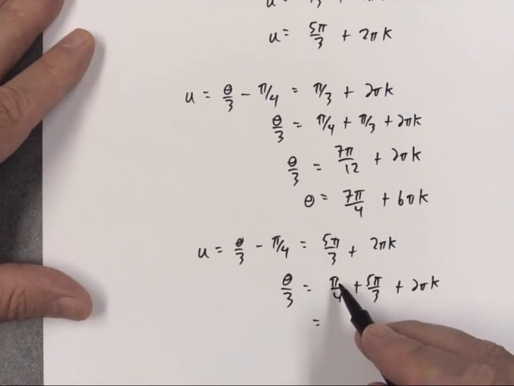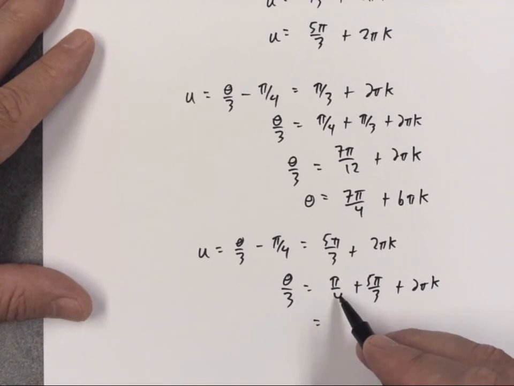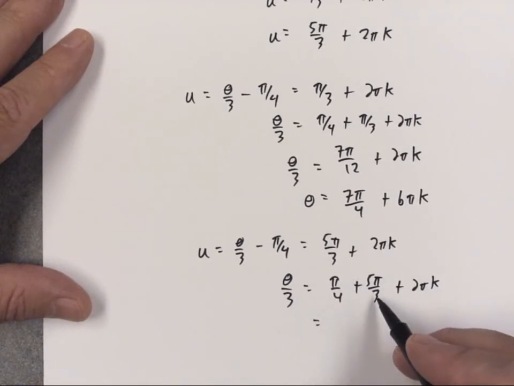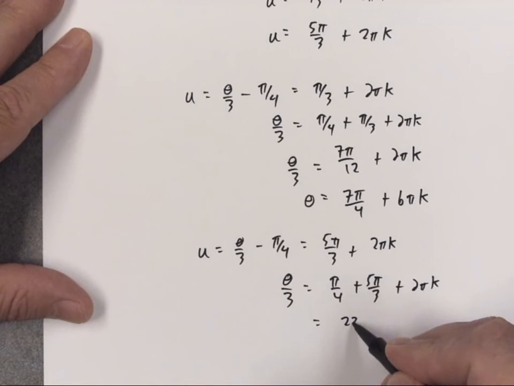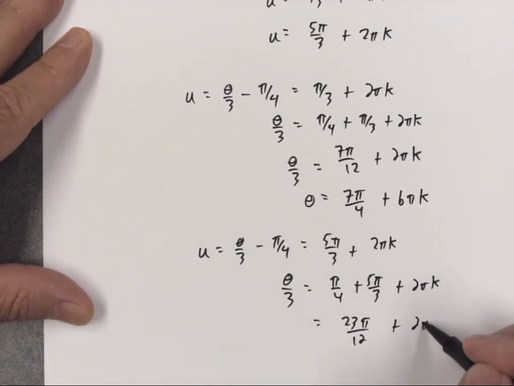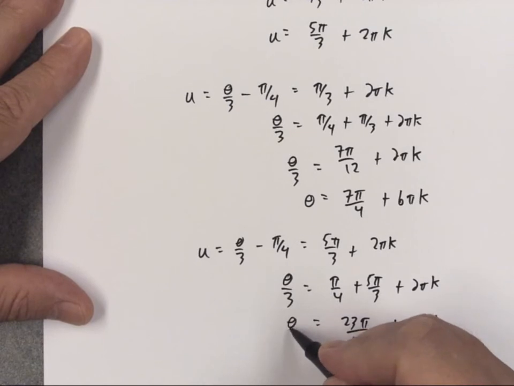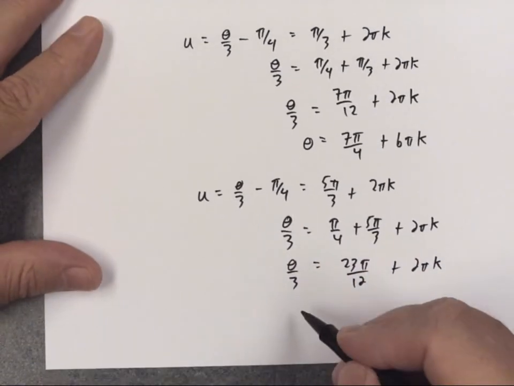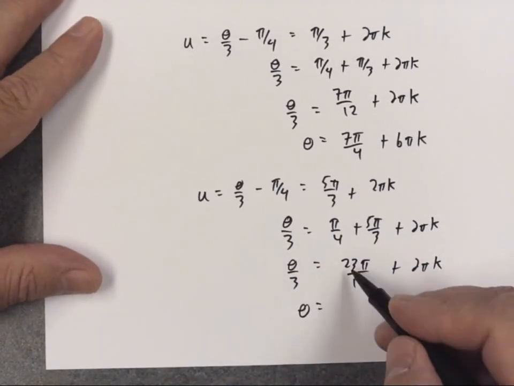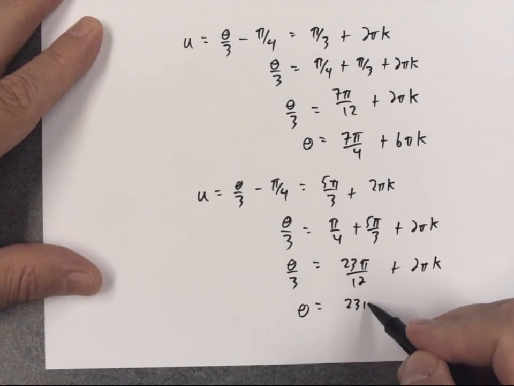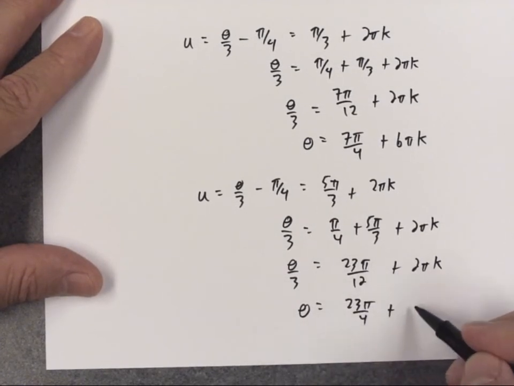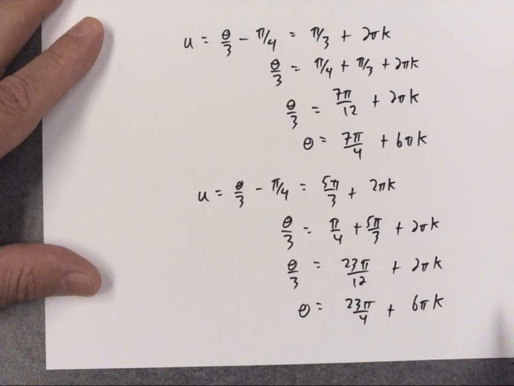I guess this is 3 pi over 12, and this is 20. I'm really taking a chance by doing this in my head, but multiply 3 on both sides, 23 pi over 4 plus 6 pi k.